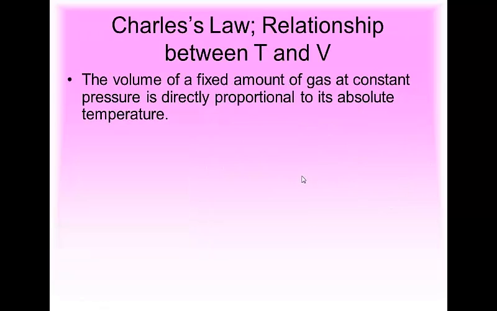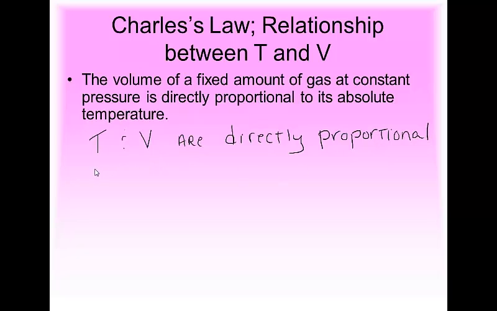Alright, I have no picture for Charles's law. He found a relationship between temperature and volume. His relationship is that temperature and volume are directly related, or directly proportional. One goes up, the other goes up.